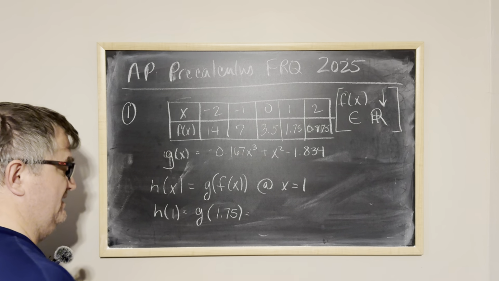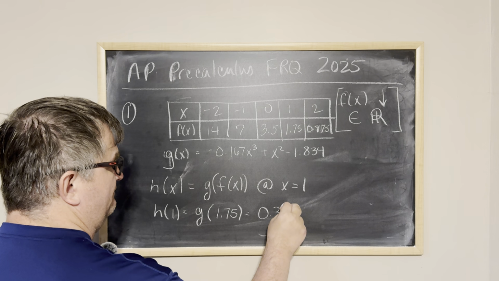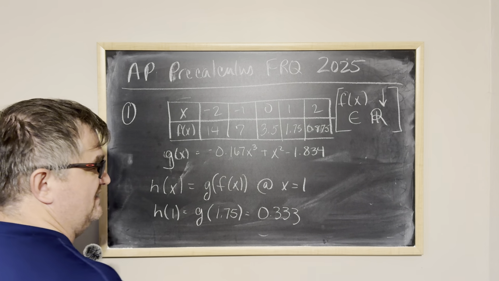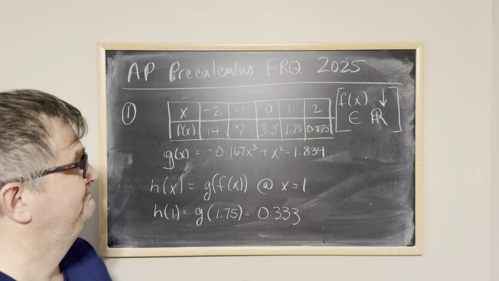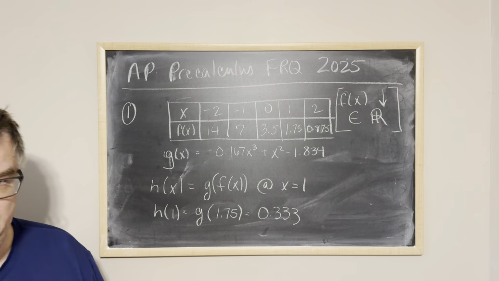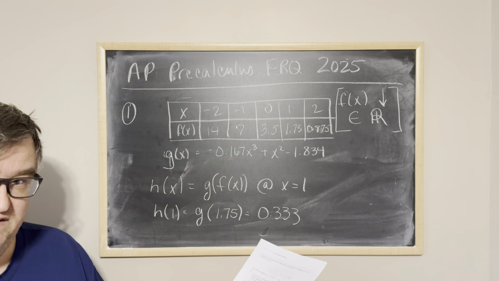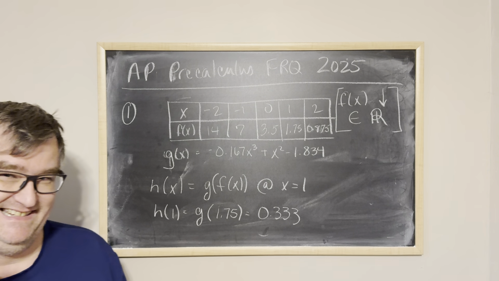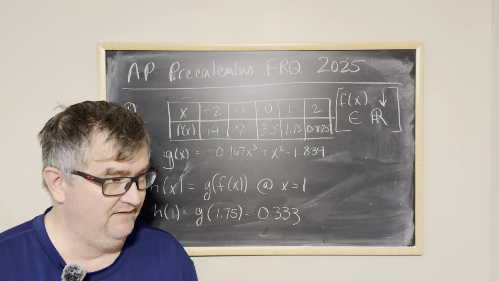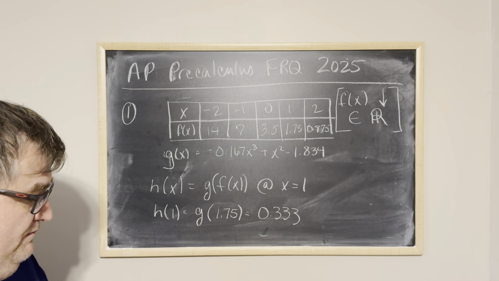And we plug it into the equation, another calculator question, and you'll find it is 0.333. So once again, we're using calculator. Luckily, this is a little bit less calculator sensitive. The idea is understanding how composition of function occurs.